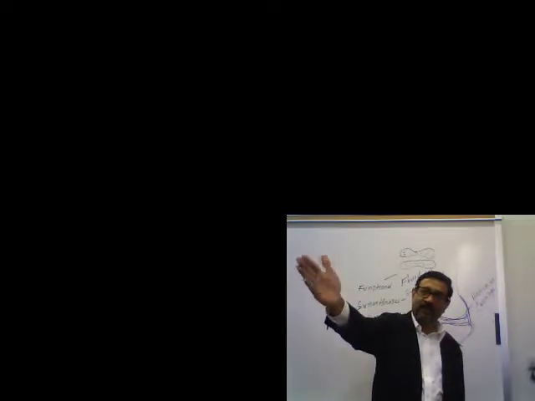So here the best example is your palm. You see, this is supine, right? So now if I move my palm downwards towards the ground, that movement is called pronation. Now going back to supine position, that is supination.